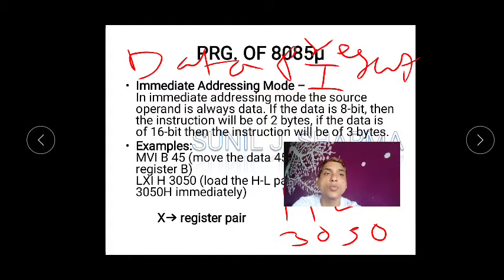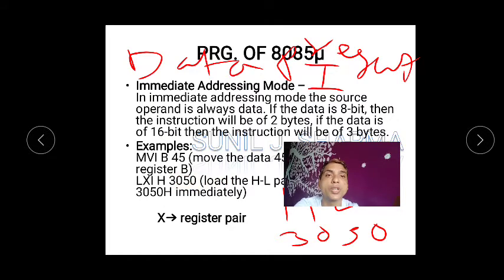What do you mean by immediate addressing mode? Addressing mode means the way in which the operands are specified, and one of the operands is data. So in immediate addressing mode, data is always present. If we have 8-bit data, then this instruction is of 2 bytes. And if we have 16-bit data, how do you come to know it is 16-bit?